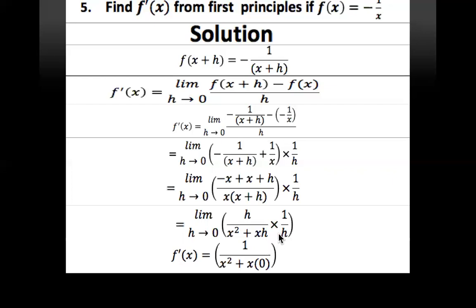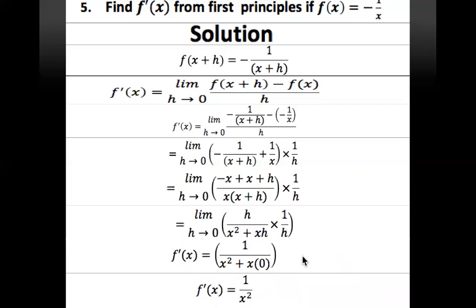So this 1 here will be left. This 1 times 1 is 1. And this 1 times x squared plus xh will be left. So we substitute 0 for h, and 0 times x will give us 0. So what will be left is 1 out of x squared, or 1 divided by x squared.